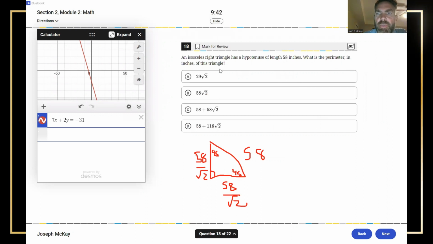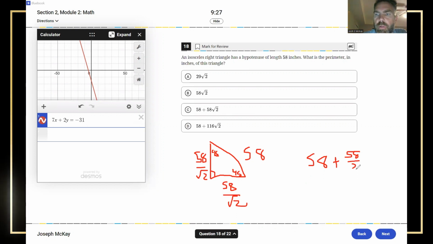Okay, now it asks for the perimeter of this triangle. So the perimeter is just going to be 58 plus 58 over root 2 times 2. Something like that.